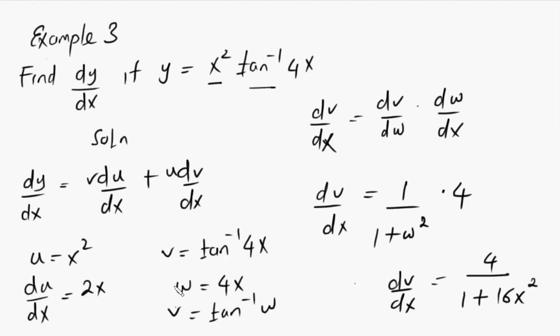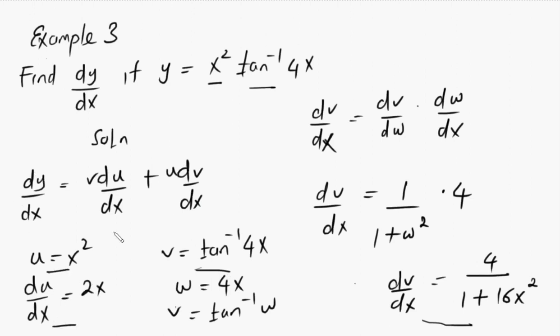Sasa isikuchanganye hapa, w equals 4x, dw dx nimepata 4. Sawa? Na isikuchanganye hapa, hii kumbuka derivative ya tan inverse x ni 1 over 1 plus x squared. Kwa hiyo hapa ni w sasa, sio x. But w is 4x. So squaring it, I just get 16x squared. So this one is my dv dx, this was my v, this is my u, and this is my du dx.